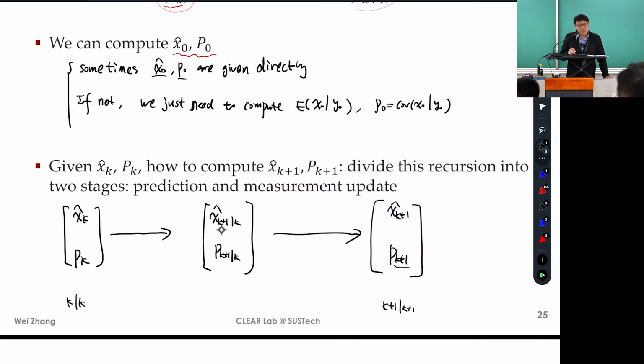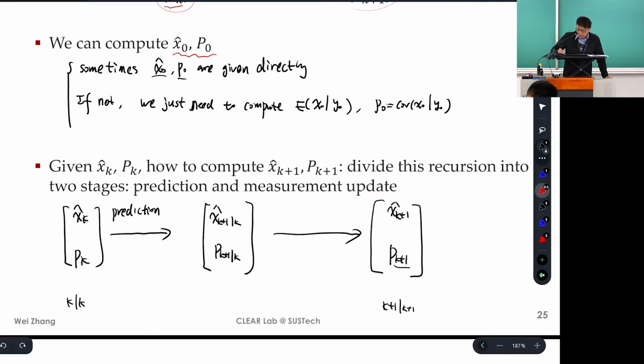I will do that one by one. I first update the one before the bar. This is the so-called prediction. I only have measurements up to k, and I predict my best estimate at k plus 1. The most important and hard part is the measurement update.